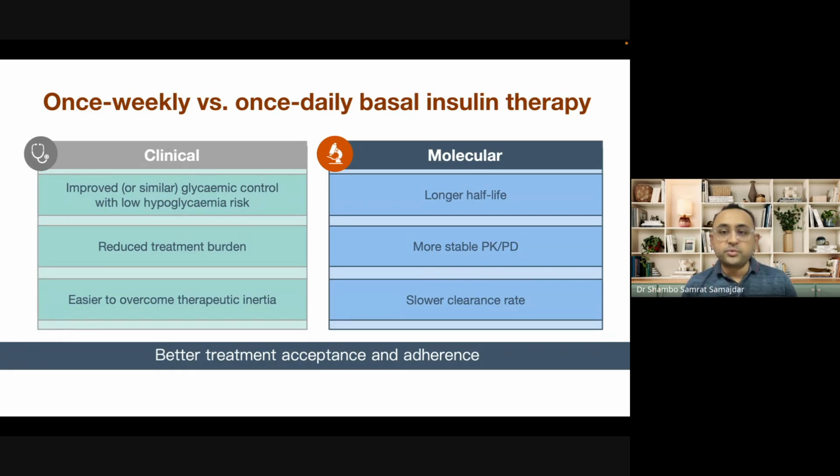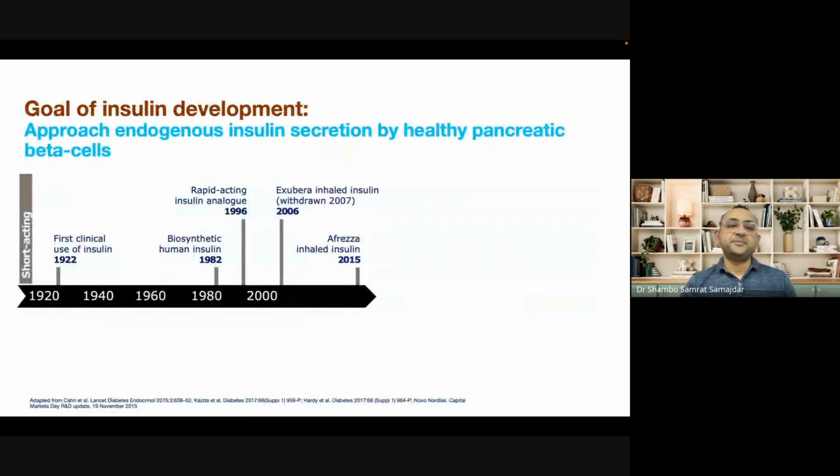At the molecular level, we get it through a longer half-life, more stable pharmacokinetic and pharmacodynamic characteristics, and a slower clearance rate. So better treatment acceptance and adherence will be there with once weekly therapy.